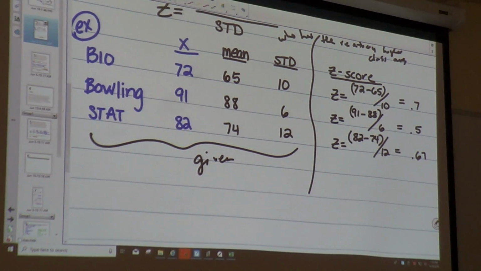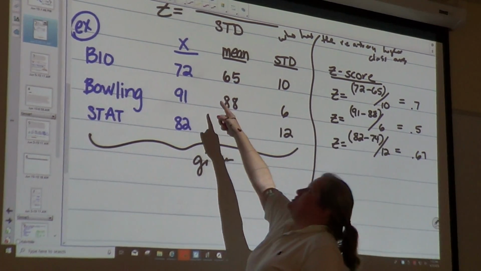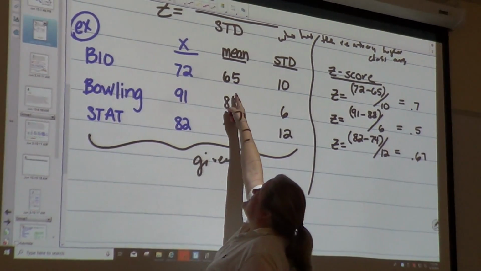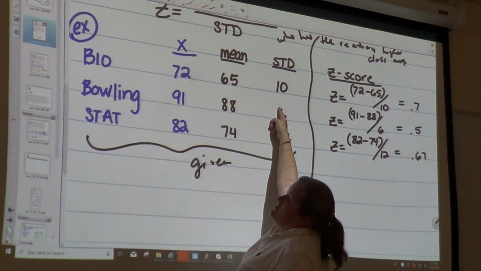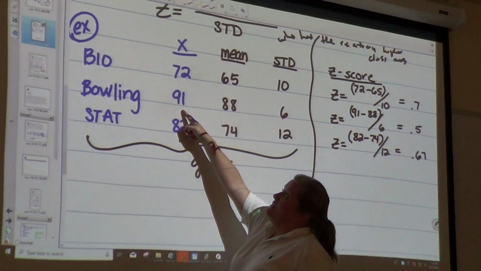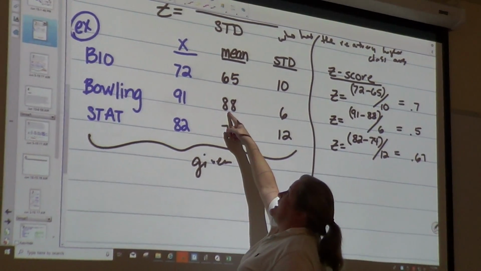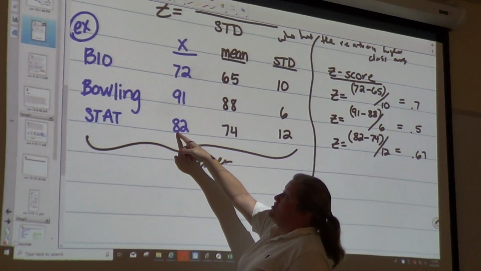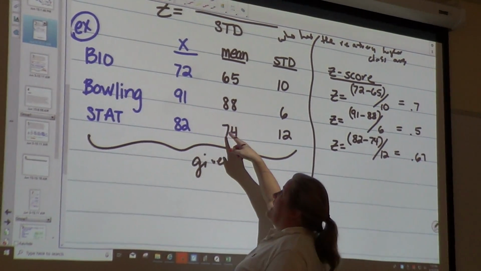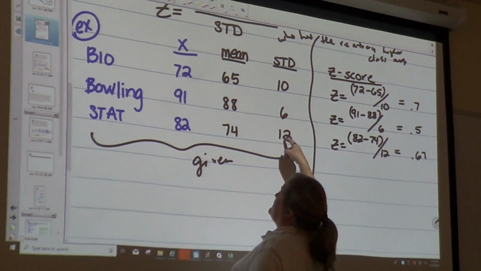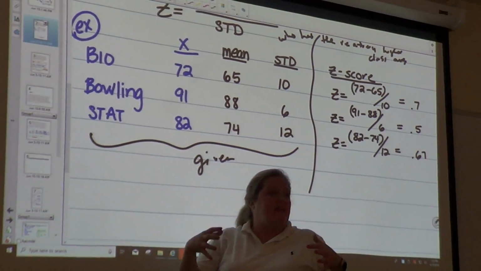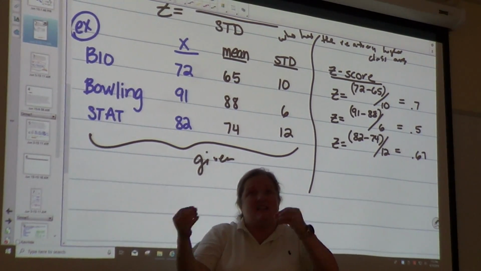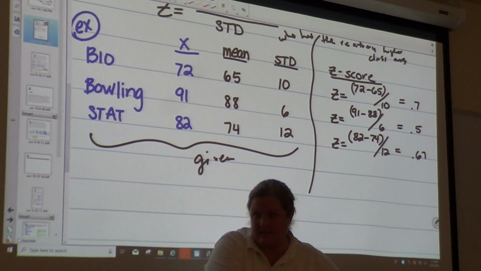So, Bobby makes a 72 in biology. The class average is a 65, the standard deviation is 10. Jim makes a 91 in bowling. The class average is an 88, the standard deviation is 6. 82 was made by Sally. Class average was a 74, the standard deviation is 12. I want to know who made the best class average relative to the class.